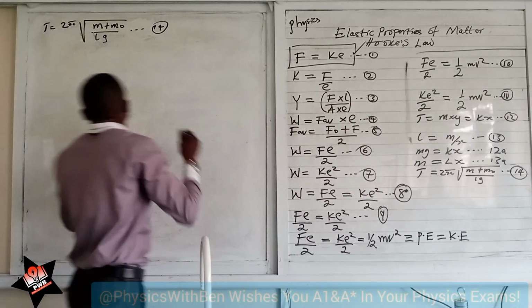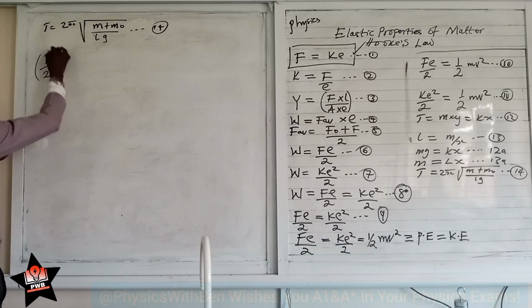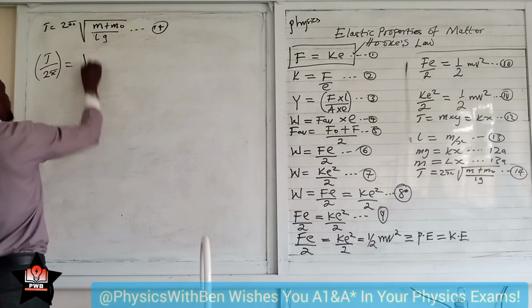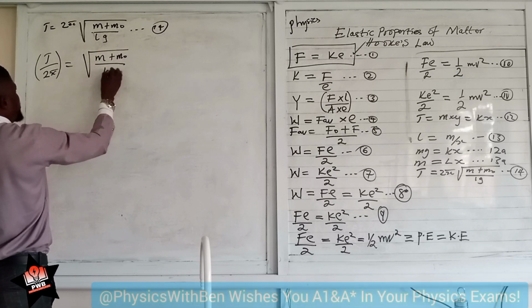Good. We have T over 2π is equal to the root of (m plus m naught) divided by lg.